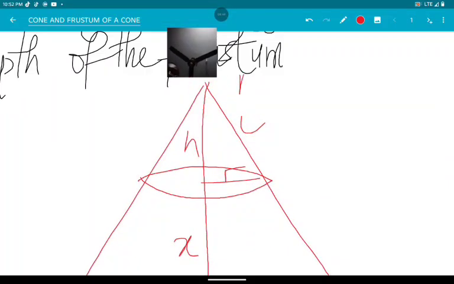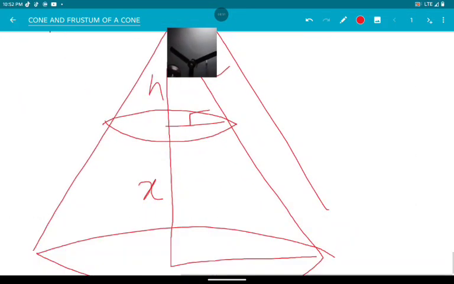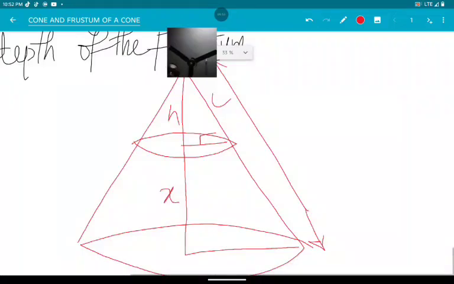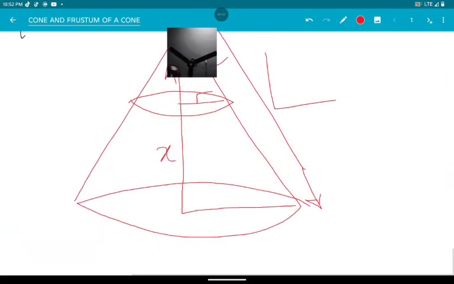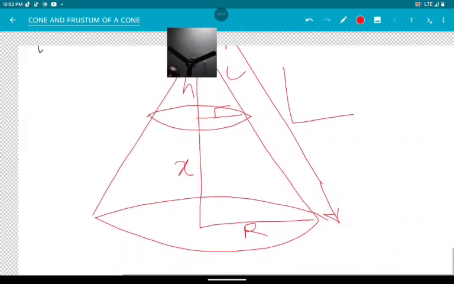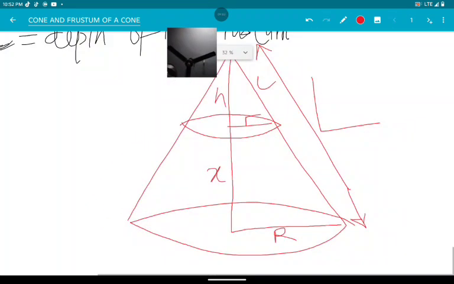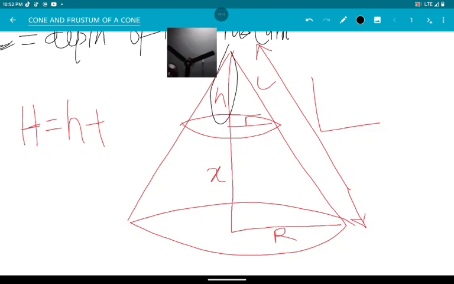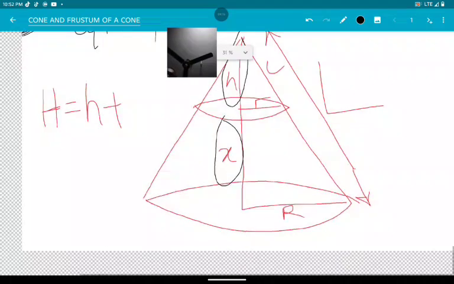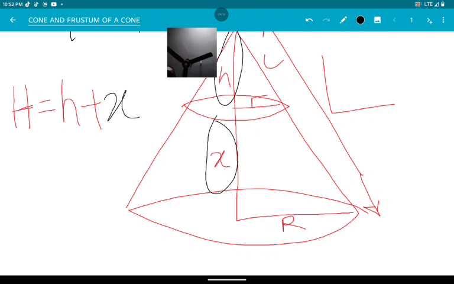Now we said from here down to here should be big L, and here should be big R, right? Now, what do you notice here? The full height of that cone, which is the capital H, you can get by adding the smaller height and the depth of that cone. So you add them together, it's going to give you the height of the bigger cone.